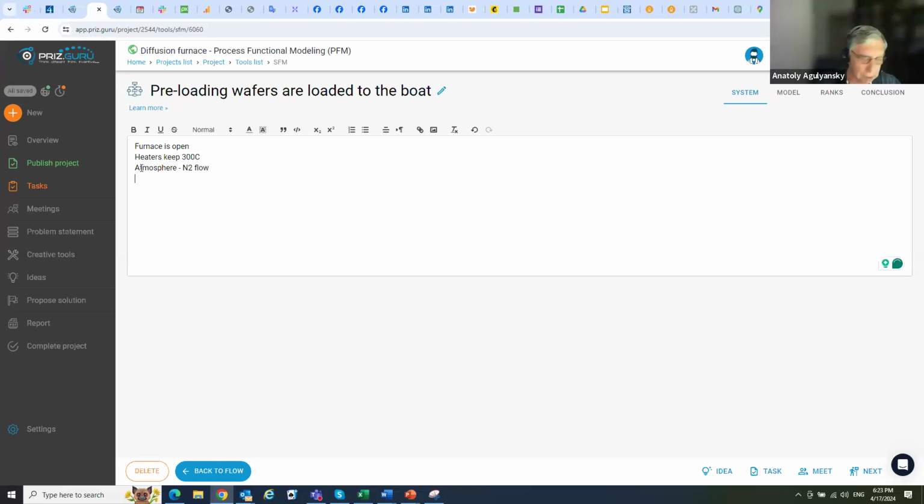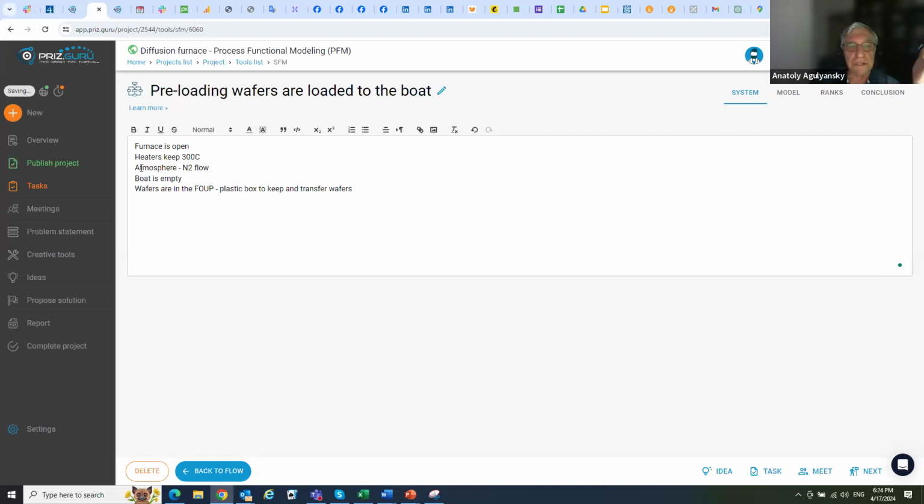What else? The boat is empty, and wafers are in the FOUP. This is a plastic box to keep and transfer wafers.